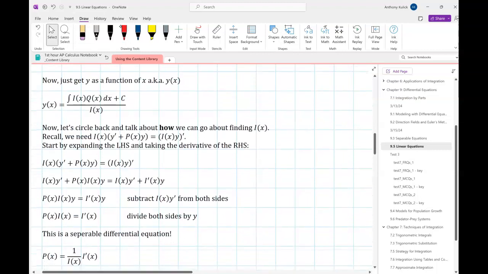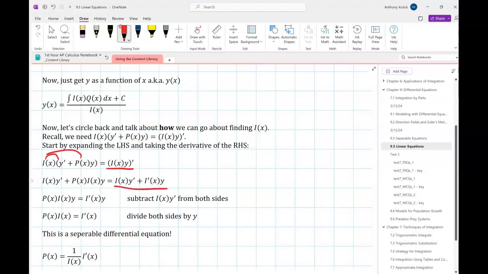So let's talk about how we get that I of x, right? So I've multiplied both sides by I of x, and I know this has to equal that product rule derivative, right? So I'm going to distribute through my I of x on the left-hand side and then do the derivative on the right-hand side.